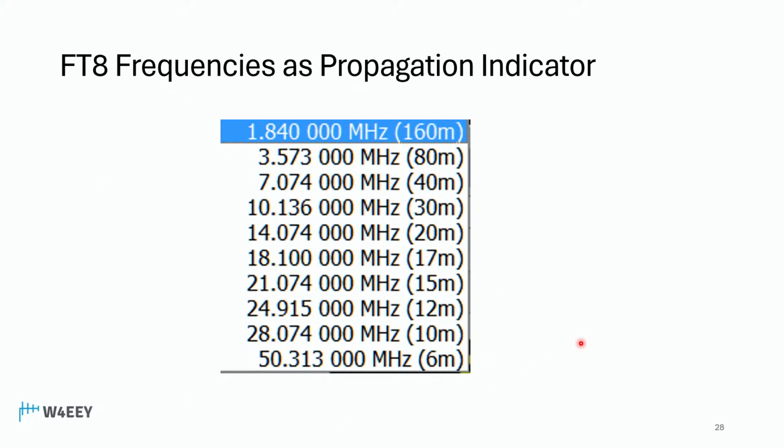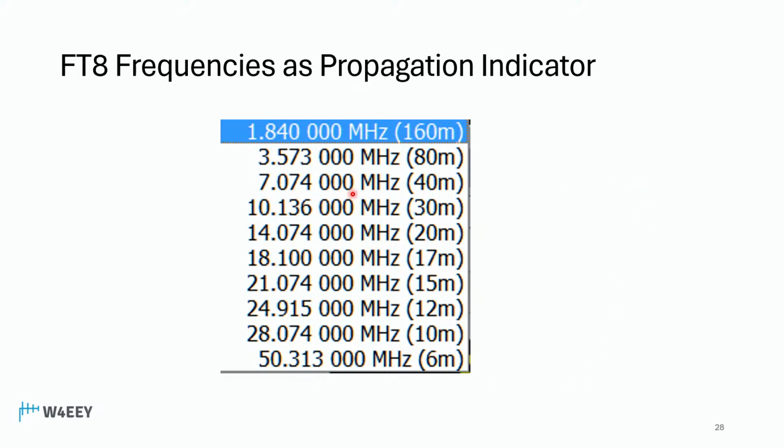One thing that I like to do, I program the FT8 frequencies into my radio so I can very quickly scan through them. So we got 160 through 6 meters. And if I hear activity on these frequencies, I know that the band is going to be open someplace because there's more people on the FT8 frequencies than just about any place else on the band. And if you're actually set up to decode FT8 using the WSJT-X software, you can actually tell where the band is open.